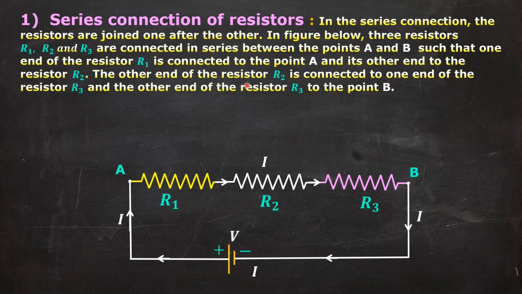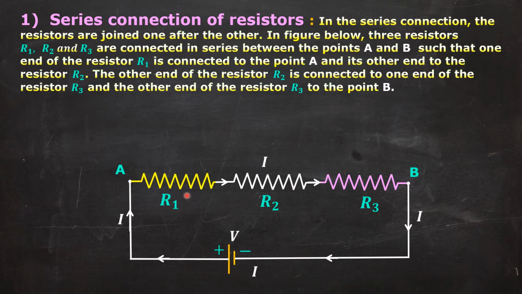The other end of the resistor R2 is connected to one end of the resistor R3 and the other end of the resistor R3 to the point B. So this type of connection is called series connection.